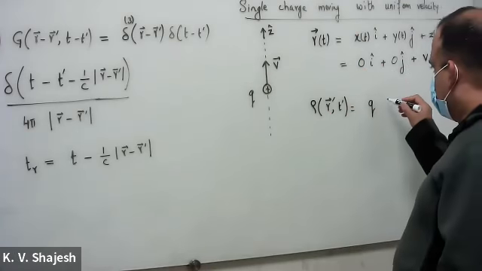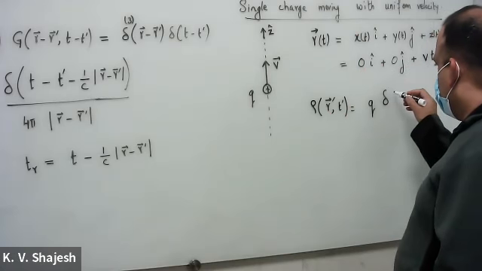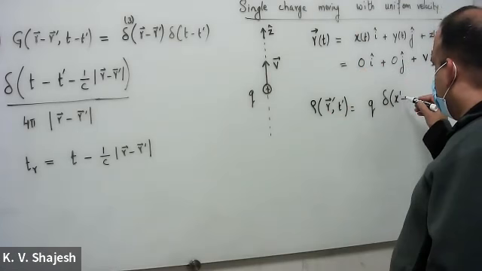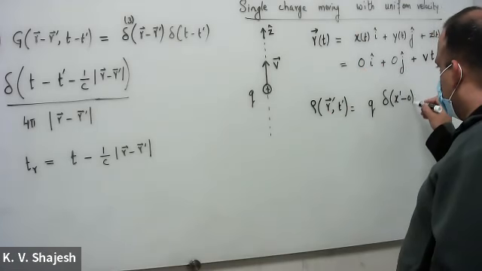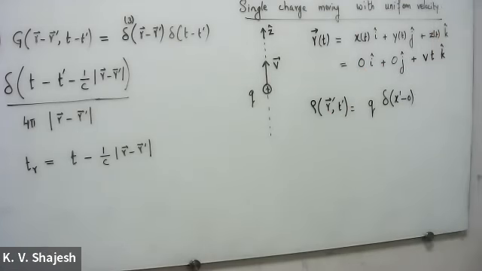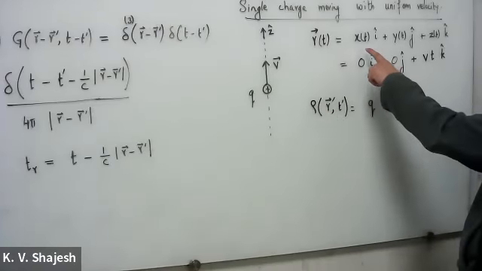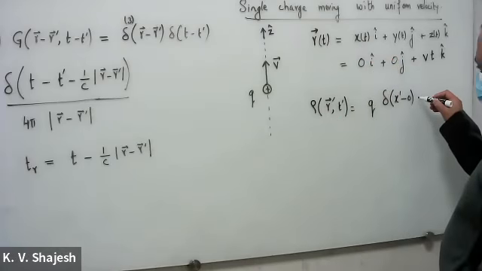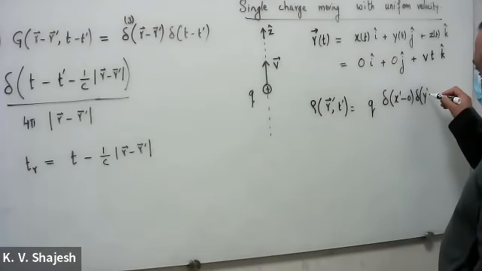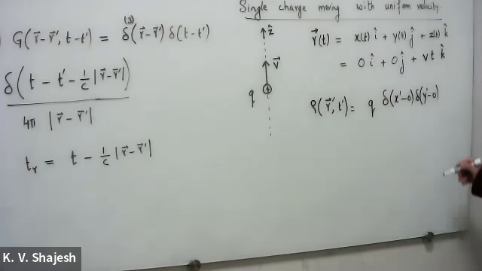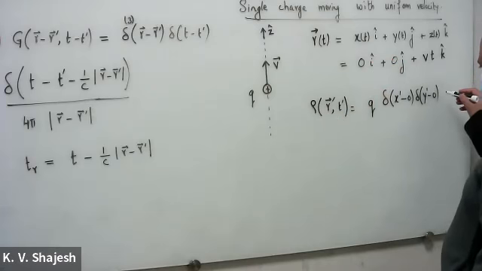So this is the delta function, delta of x prime minus, where is it? It's at x prime equal to 0 all the time. X prime is the coordinate, and where it is at x prime is decided by 0. And times delta of y prime minus 0, so its position along the y-axis is 0, and z prime is vt.